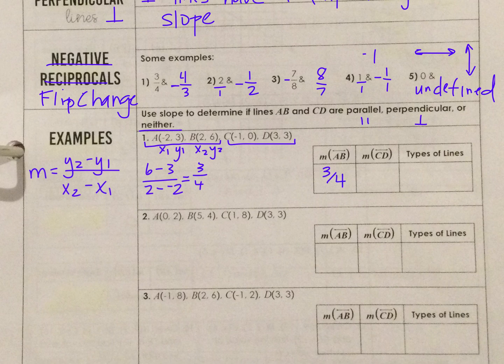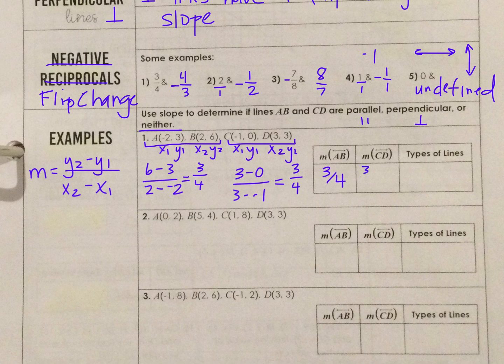Now, I'm going to do the slope of the next group. x1, y1, x2, y2. y2, 3 minus y1 is a 0 over x2 is a 3 minus -1 is x1. When I type that in my calculator, I get 3/4.